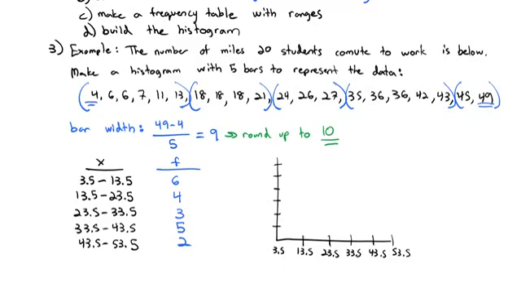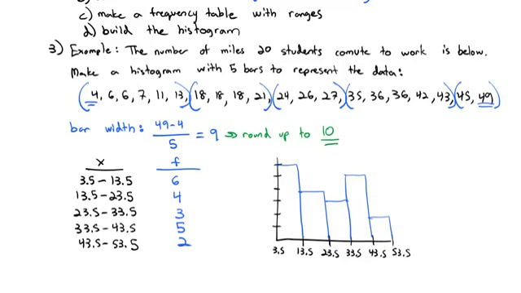The first bar is 6 tall. The second bar, touching it, is 4 tall. The next bar, touching it, is 3 tall. The next bar, touching it, is 5 tall. And the next bar, touching it, is 2 tall. And now my bars show the frequency within each of those ranges.